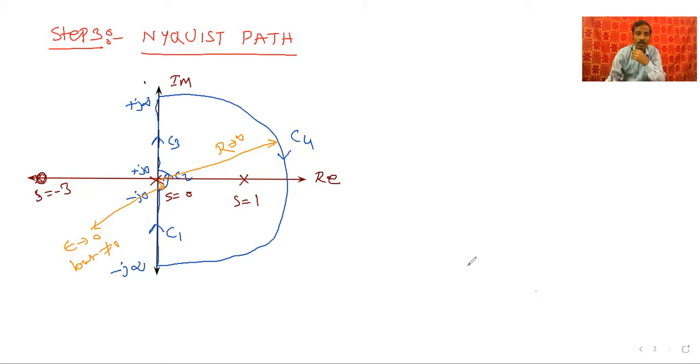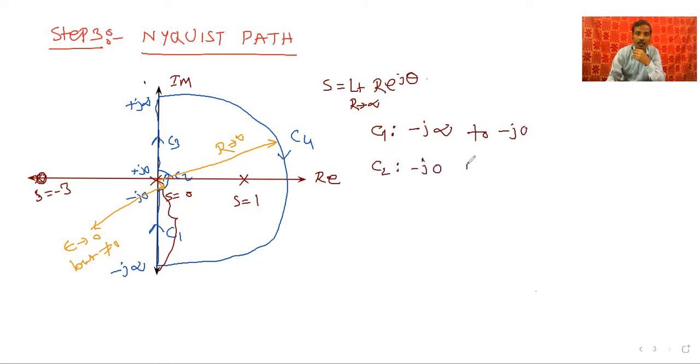Then in this case, limit R tends to infinity, R e to the power j theta, and C1 belongs to just this path: minus j infinity to minus j0, and C2 belongs to minus j0 to plus j0.